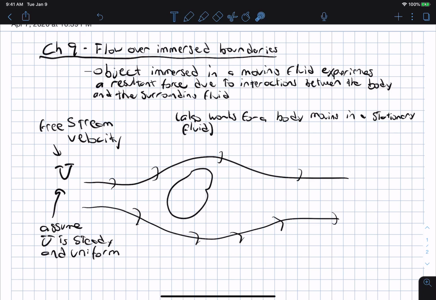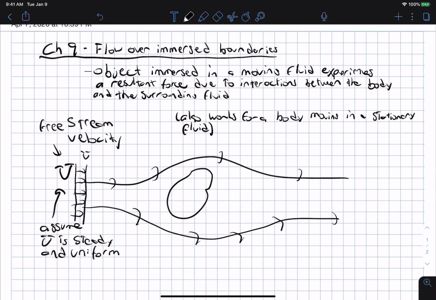That means that if I draw a velocity rake here of U, the velocity U is the same as it is here, as it is here, as it is here, for all time. And this is far upstream, or far in front of the object.